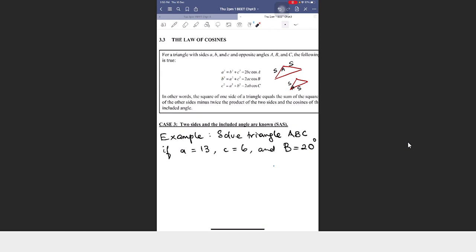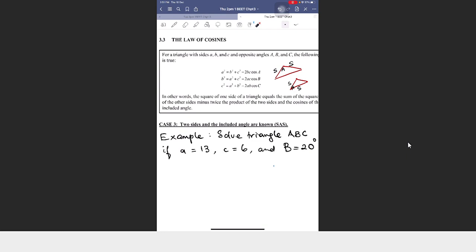Because the two sides are already given in the question, you will definitely start off by finding the missing length or the missing side. That will always be your first step. So the first step is to find the missing length by using the law of cosine.